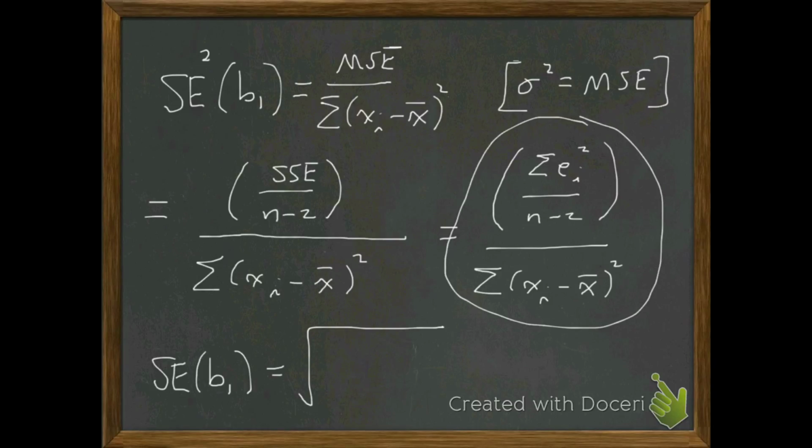I'm going to cheat here. I don't want to write all that; to be honest with you, we don't have room down here. It's just the square root of this.